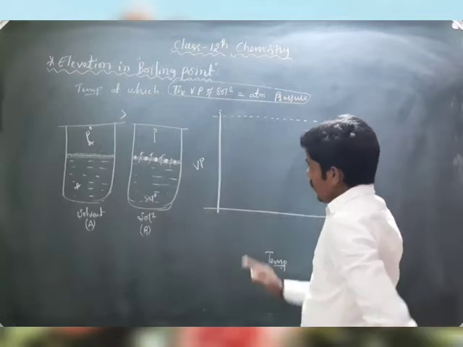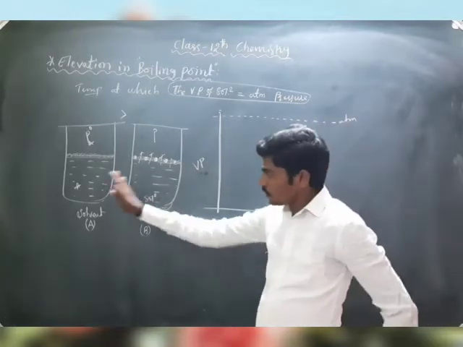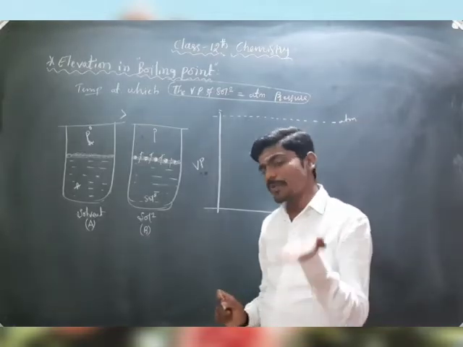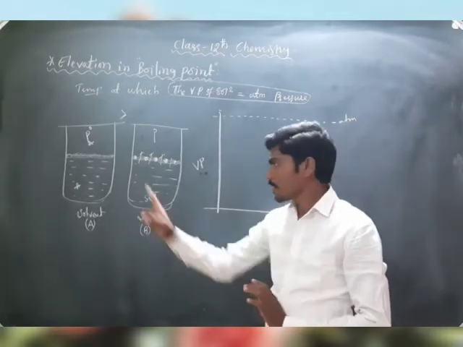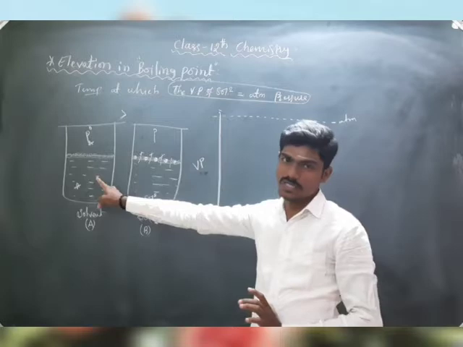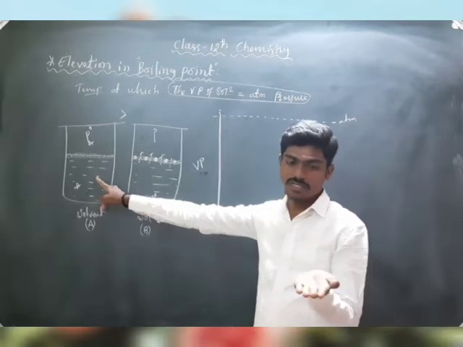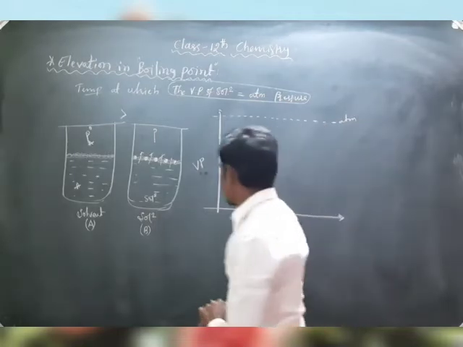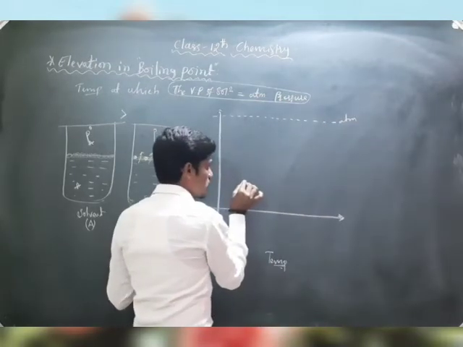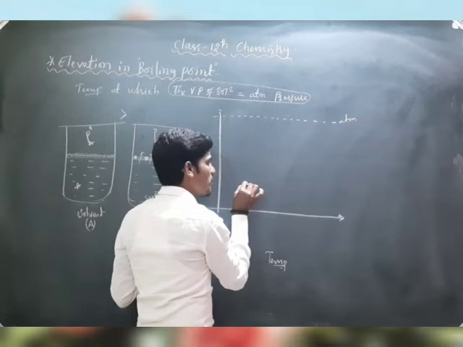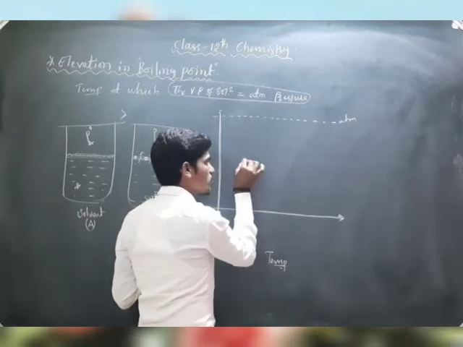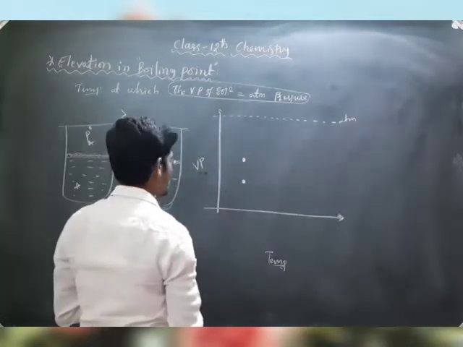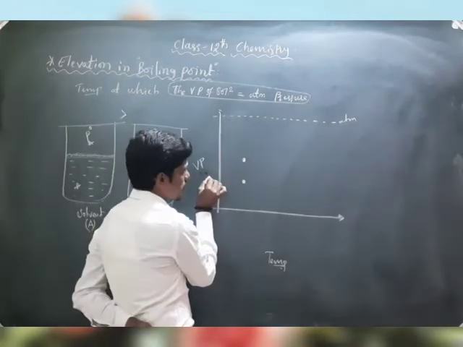Among these two beakers, in which case will the vapor pressure be more? 100% in the solvent. The vapor pressure of the solvent will be more than the solution. Let us represent these two by putting points.